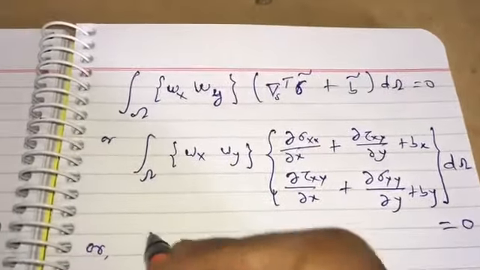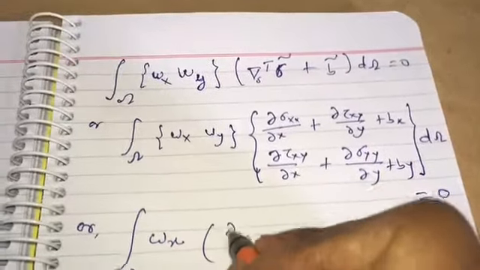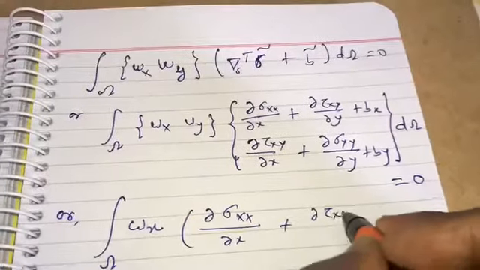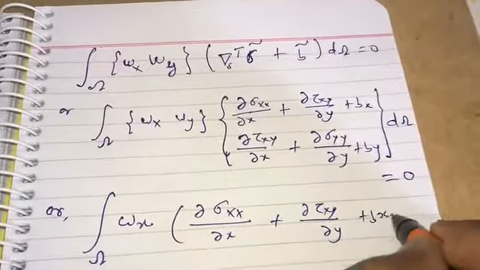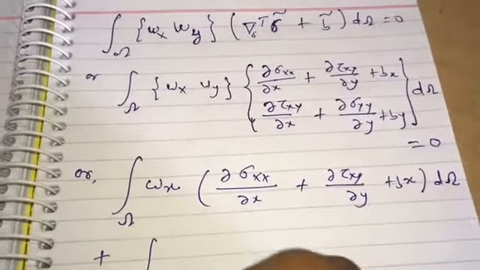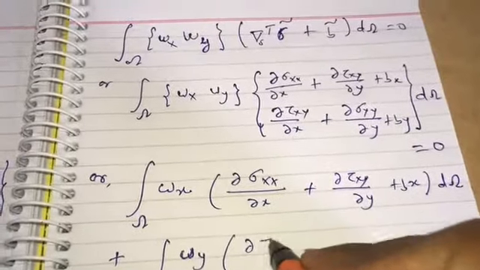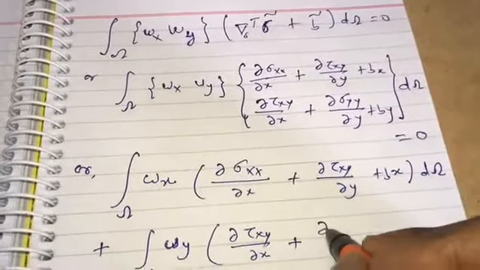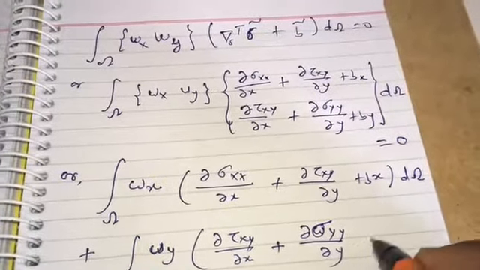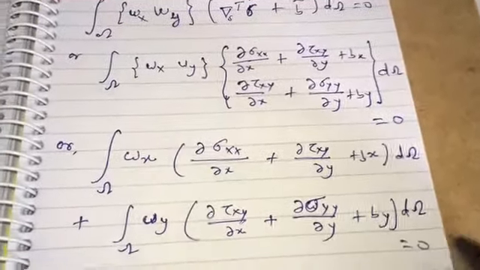So what we can write here, expanding further, is wx times del sigma xx over del x plus del tau xy over del y plus bx, d omega, plus wy times del tau xy over del x plus del sigma yy over del y plus by, d omega, is equal to 0.